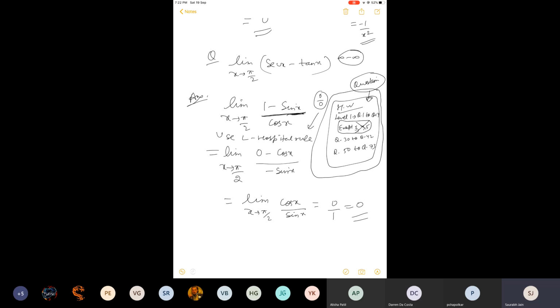So this is it. We have completed factorization, rationalization, L'Hospital, like there were around 8 to 9 methods. I think this will hardly take 2 classes and this chapter will be over. Now we have to be really quick and complete the syllabus. Also, we will try to revise some of the important chapters of class 11th. You can tell me which chapters you want to revise, but we will talk about it in the month of November, not now.